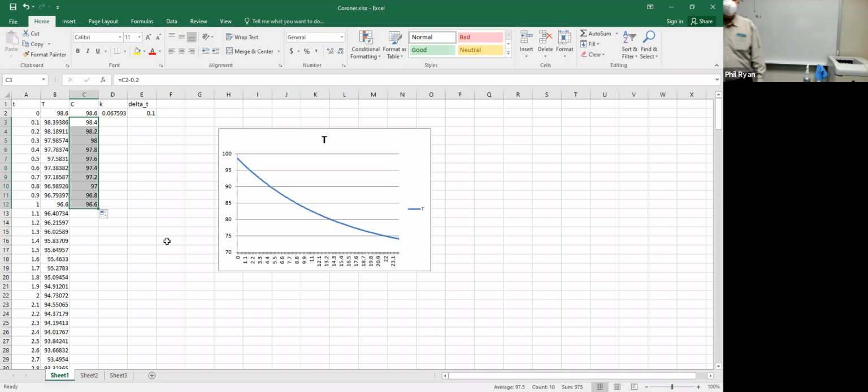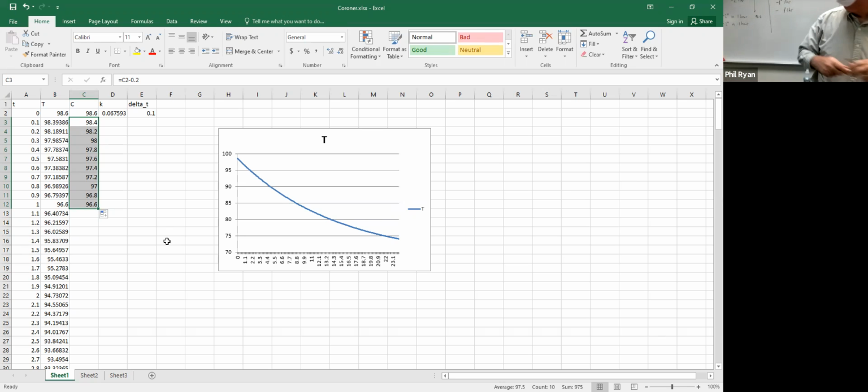Now we want to change it going from minus 2 degrees per hour to minus 1 degree per hour. So if it's minus 1 degree per hour, what is it per tenth of an hour? Elijah? If we're losing 1 degree in an hour, how much do we lose in a tenth of an hour? 0.1, yep.